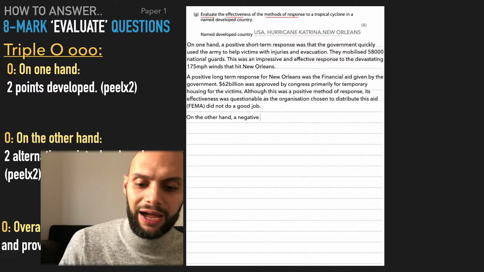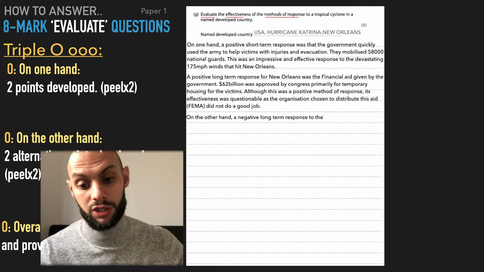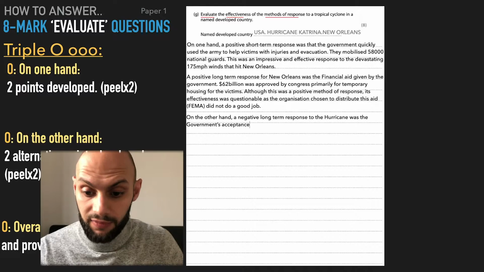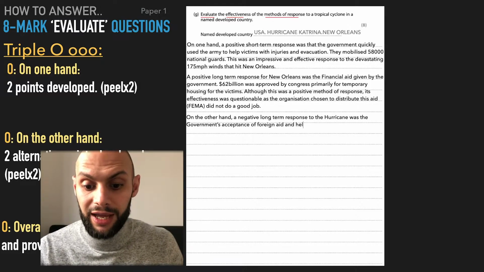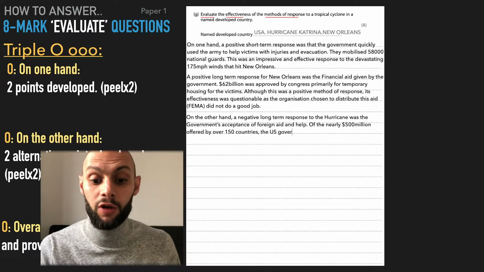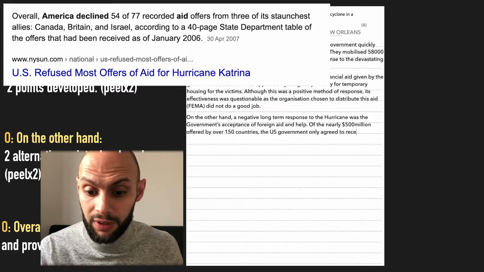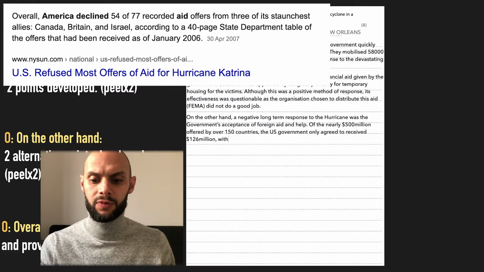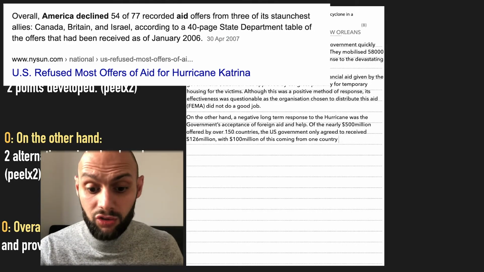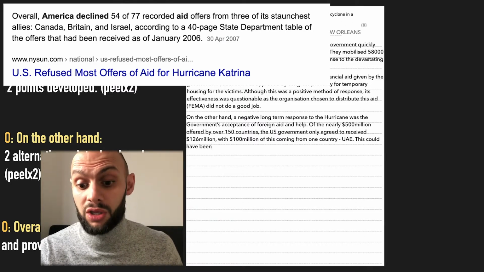On the other hand, a negative long-term response to the hurricane was the government's acceptance of foreign aid and help. Of the nearly $500 million offered by over 150 countries, the US government only agreed to receive 126 million, with 100 million of this coming from one country, the UAE.